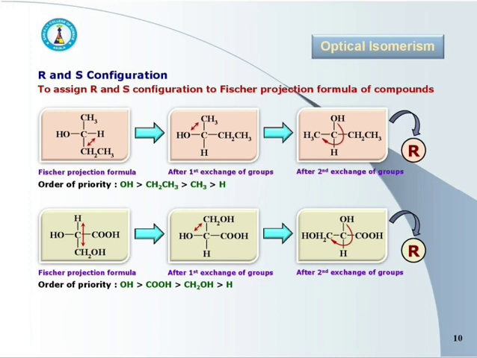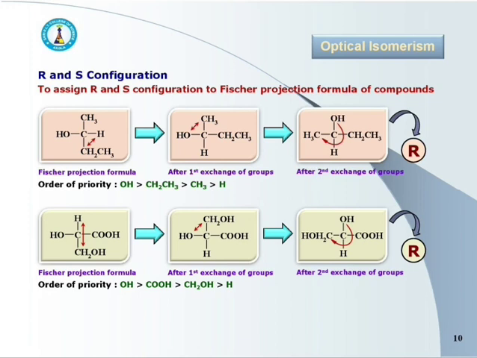In this structure, the lowest priority group hydrogen is at bottom position and priority of other groups decreases in clockwise direction. It means this compound is the R isomer.